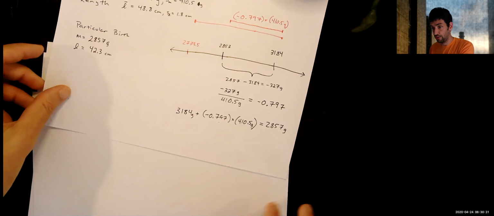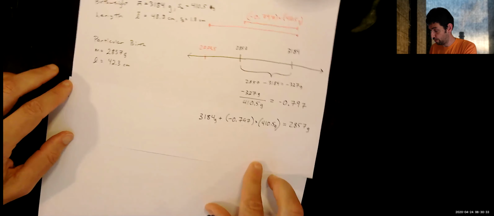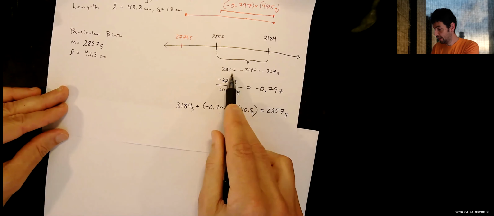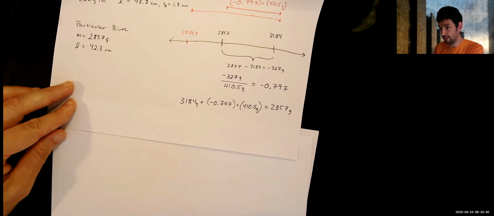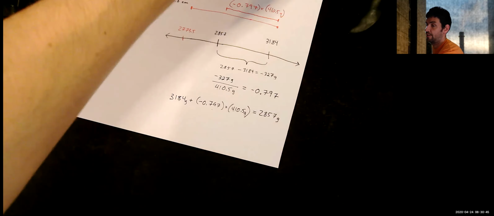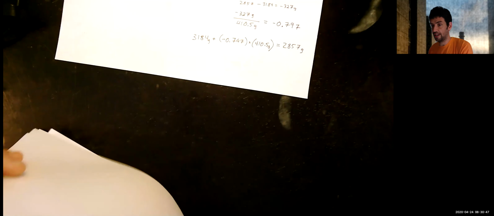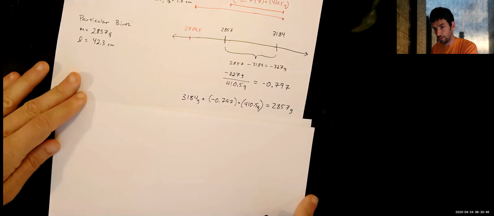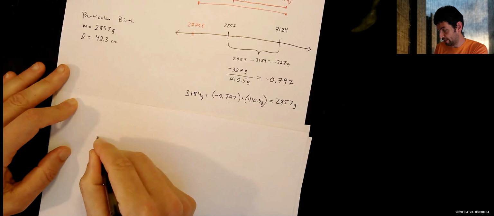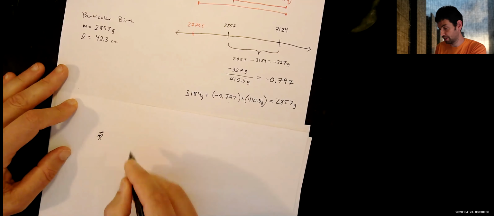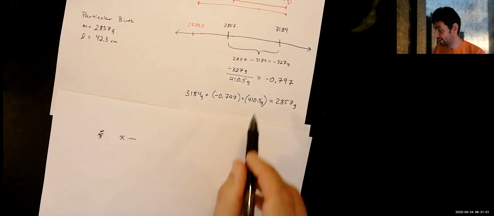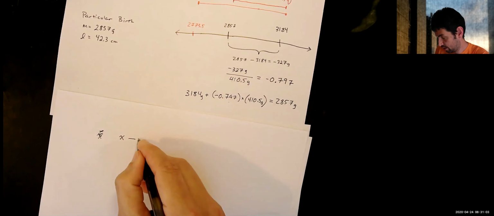All right, so let me generalize a little bit of what we just did. So let's start with what I did here. I took a data point. I'm just going to call my data X. I took my data point X and I subtracted the mean, X bar.